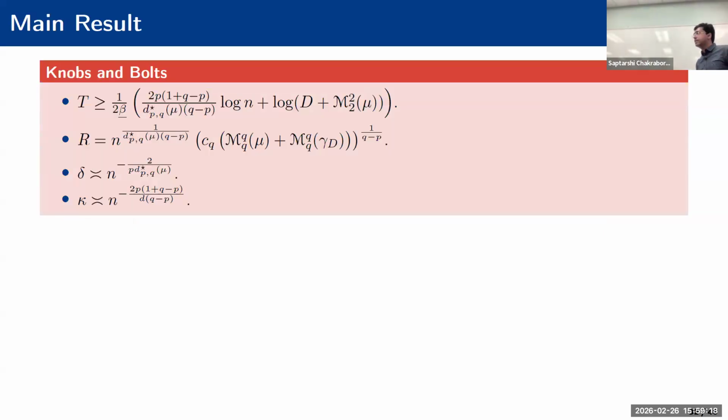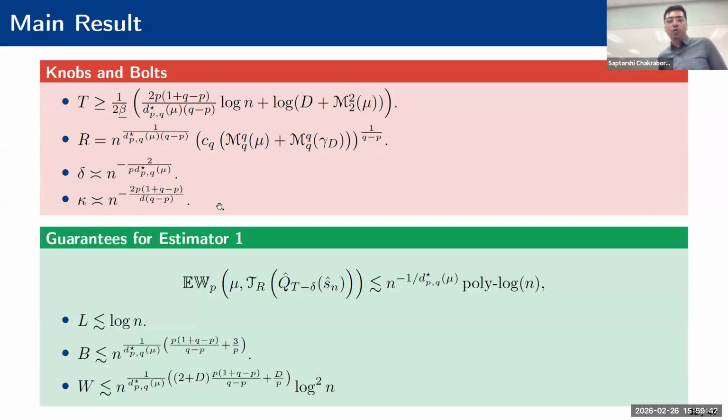So our main result is as follows. If you choose capital T large enough, it depends on everything: the number of data points, p, q, the Wasserstein dimension, the L2 second moment, etc. If we choose R, delta, and kappa to scale accordingly, we can show that the expected Wasserstein p distance between the true distribution and the truncated distribution at R for our estimator 1 scales as n to the power minus 1 over the (p, q)th Wasserstein dimension, followed by some polylog n terms.